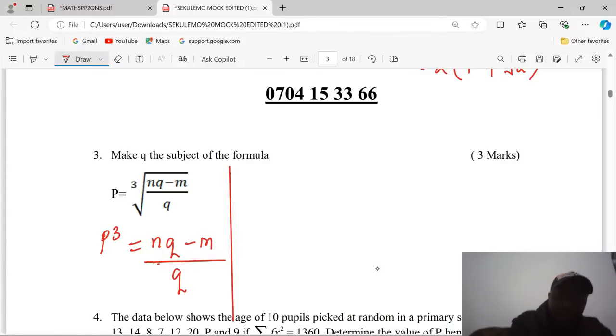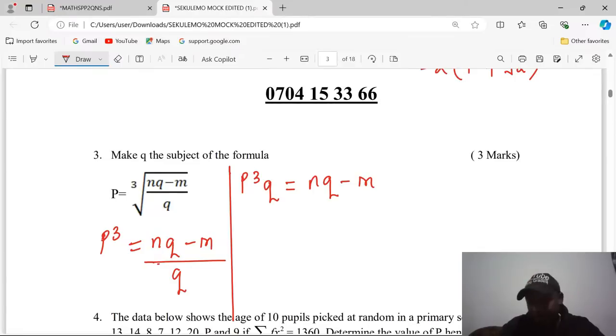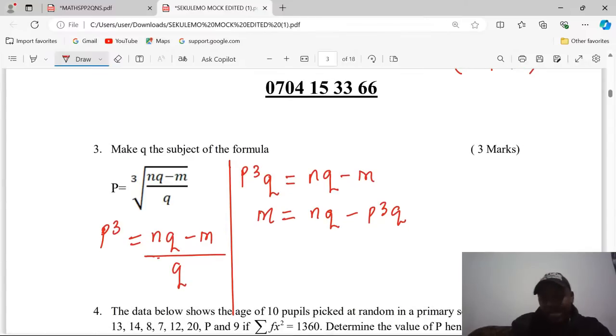Once you cross multiply, you discover that we have P power 3 Q. This is equivalent to NQ minus M. Yeah, that's now a linear equation. Allow me work with these numbers such that we avoid a lot of negatives, such that if M comes to this side, it will become positive. And now we have NQ. We subtract P power 3 Q. We are taking negative M to be positive, and this term here to become negative.